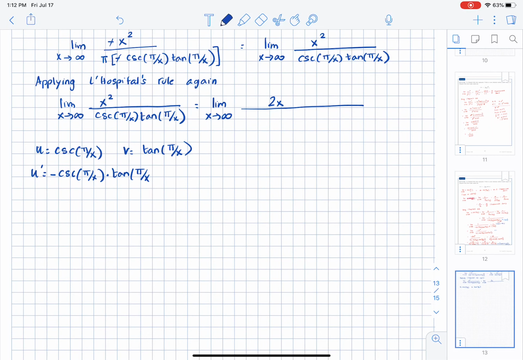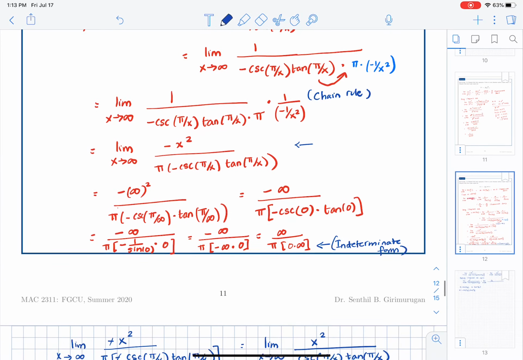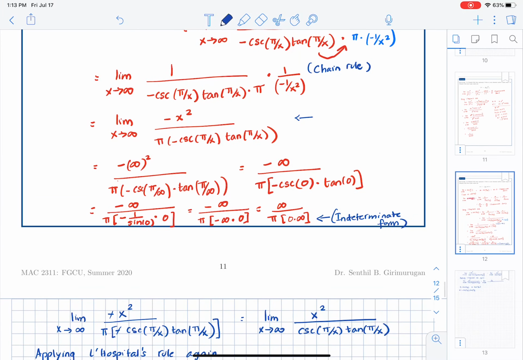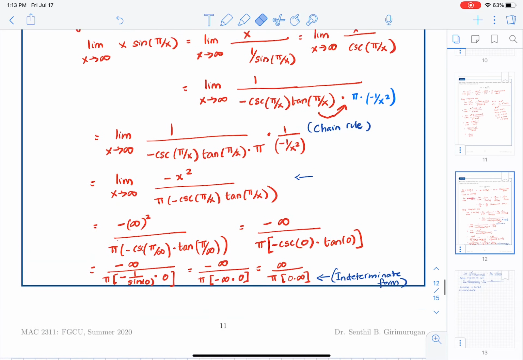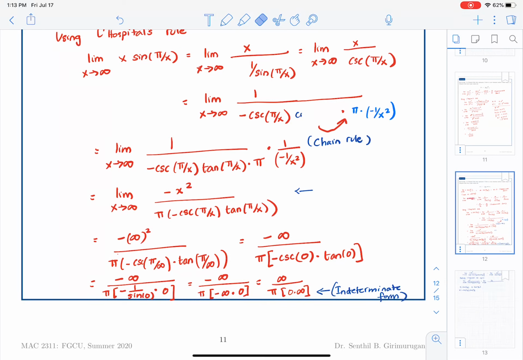Oh no, I made a horrendous mistake. The derivative of cosecant x is cotangent pi over x.